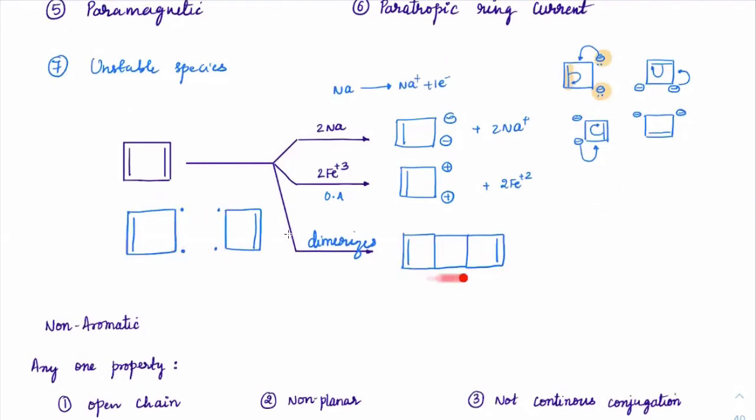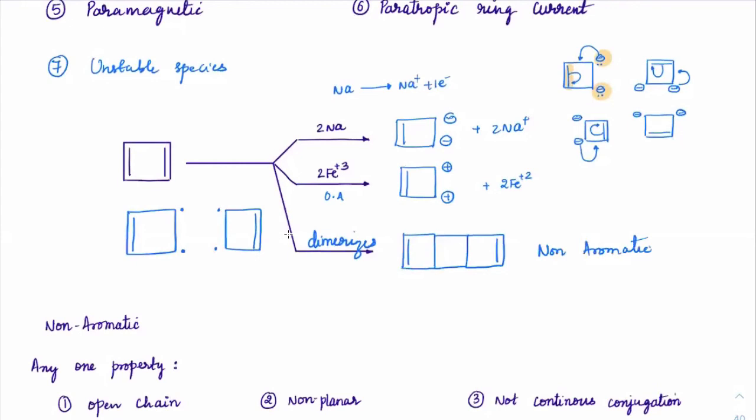So this is a dimerized product. Now it has lost its anti-aromatic nature. These types of molecules are called non-aromatic. Anything which is not showing aromaticity or anti-aromaticity is a non-aromatic molecule.